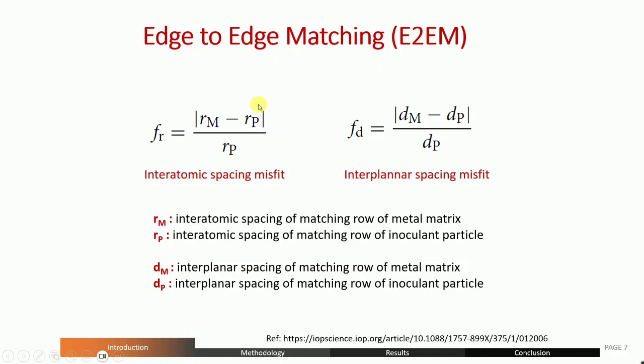So here we are talking about the atoms only. In this paper they talk about the atoms mainly, and about the interplanar spacing misfit. They have talked about DM minus DP by DP, that is the interplanar spacing of the matching row of the metal matrix and of the inoculants for the same parameters.